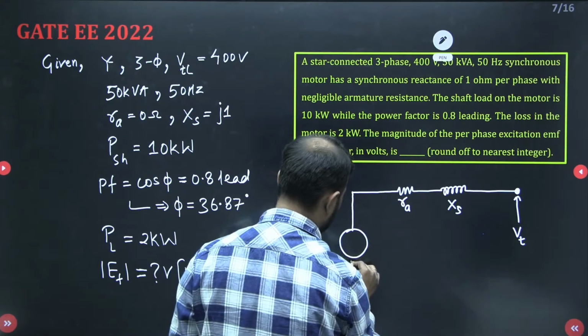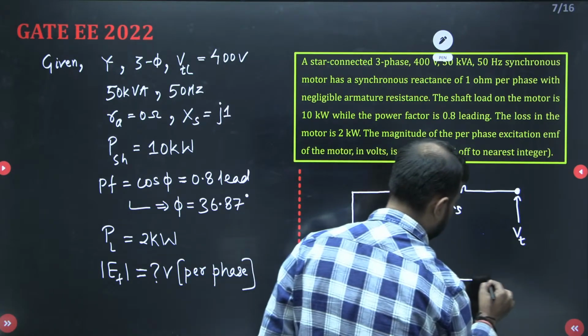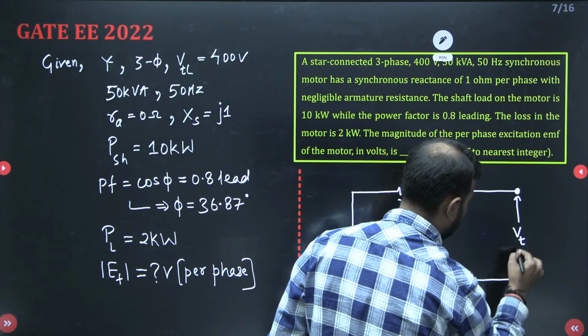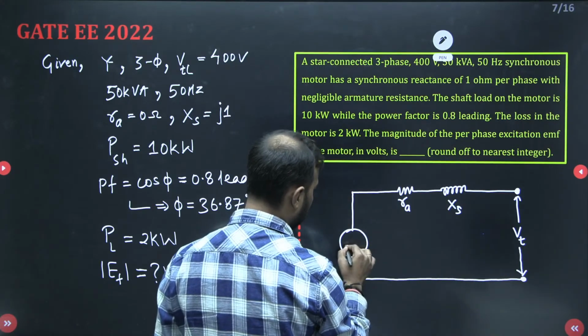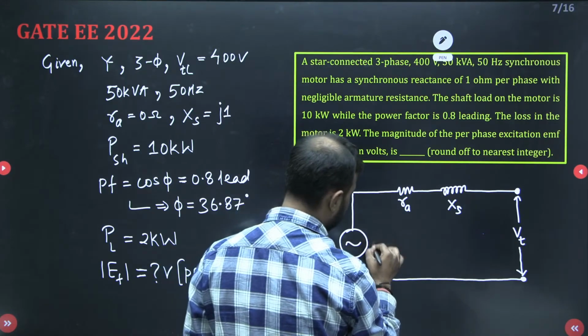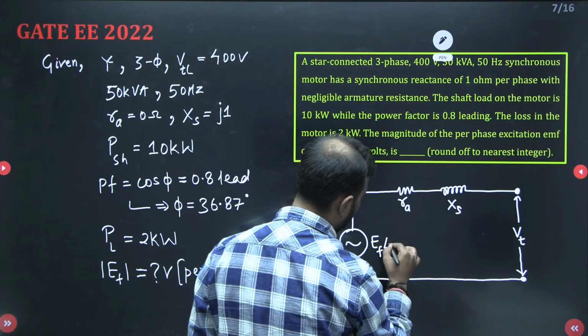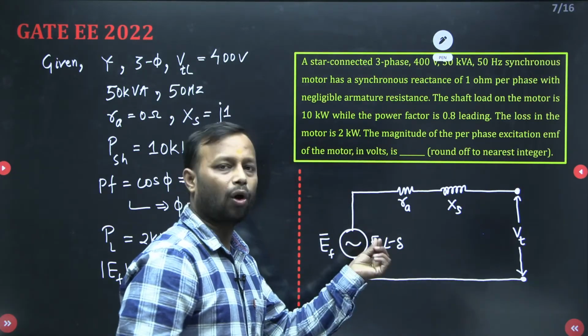So this is your EF phasor, which is EF at an angle minus del, where del is the load angle, and for motor del is always negative.